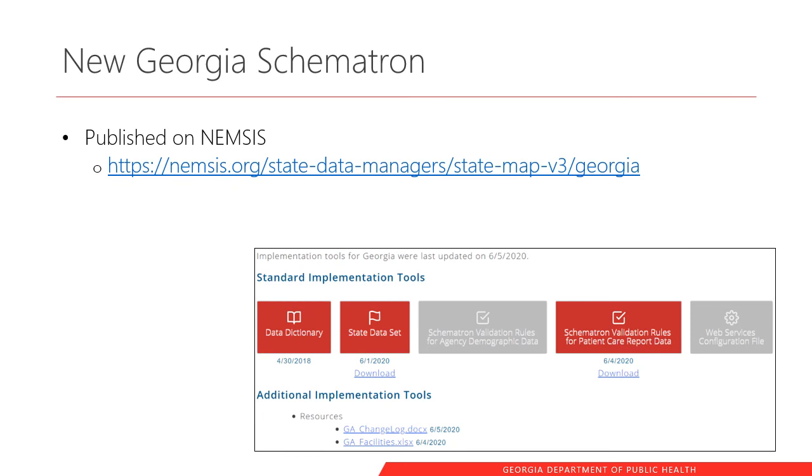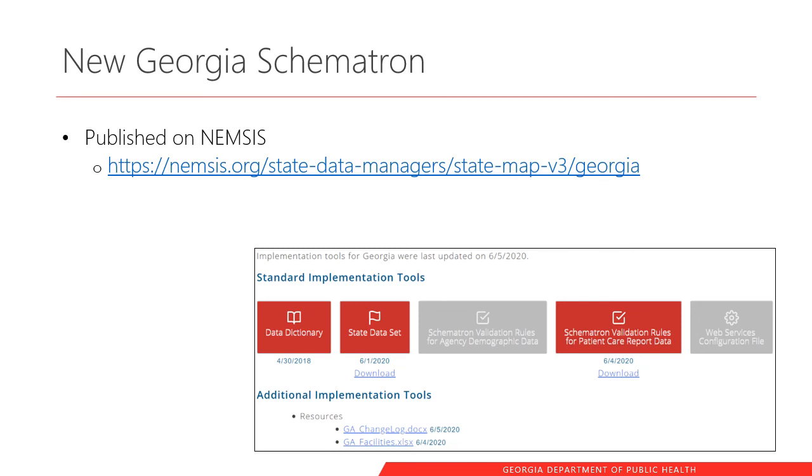The new Georgia Schematron is published. It is on the NEMSIS website. Not only is the Schematron there, but the Excel file that has the validation rules in a plain English format is there as well, along with the warning or error level messages that will appear.